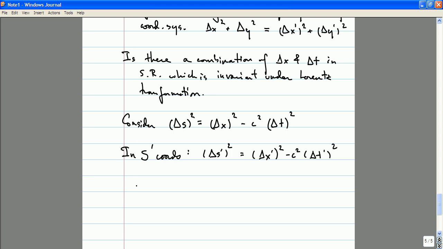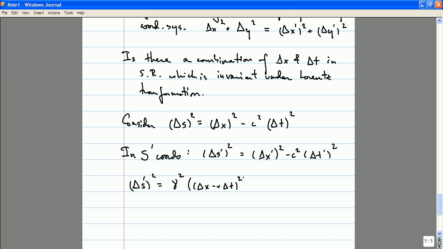So let's go ahead and compute that. What's delta x prime? Well, we could use the inverse Lorentz transformation rule. So delta x prime is gamma times delta x minus v delta t. So delta x prime squared will be gamma squared times delta x minus v delta t squared.